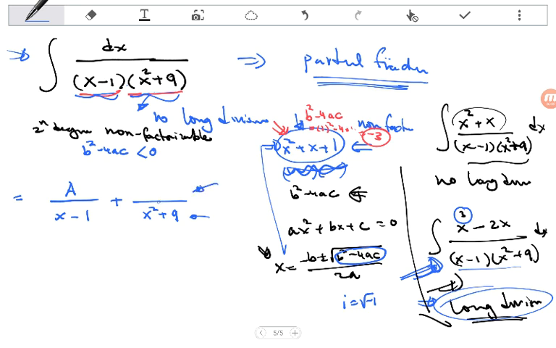Degree 1. So my assumption will be bx plus c. Okay, now I have to pay attention in my assumption. If I made the assumption in a wrong form, all my further steps will be wrong.